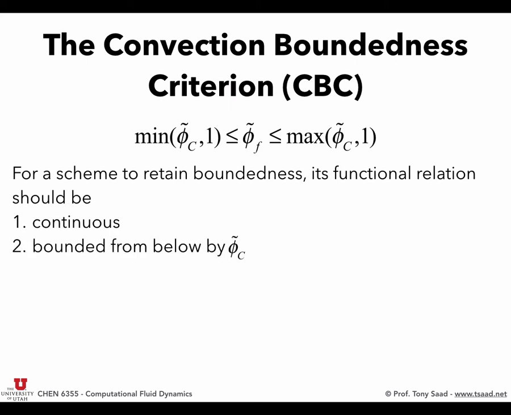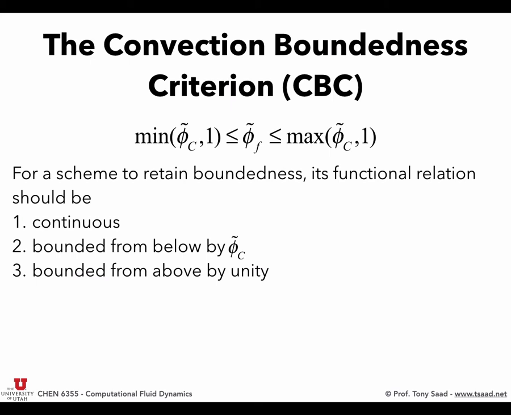It needs to be bounded from below by phi tilde c. So that upwind line, we can at worst be upwind. We need to be bounded from below by phi tilde c and bounded from above by unity, right? Because we cannot be greater than 1.